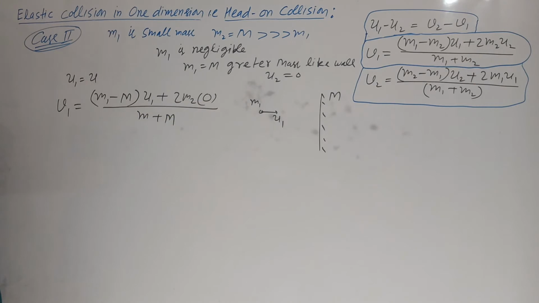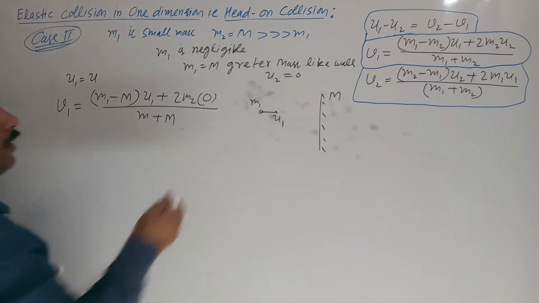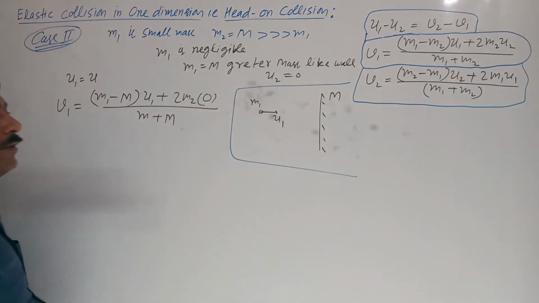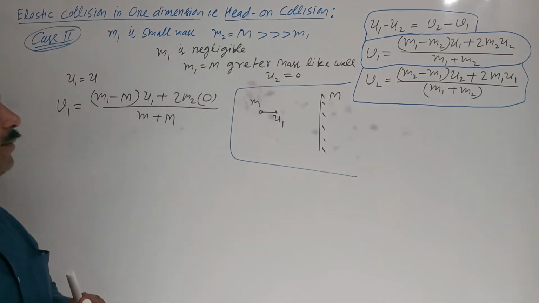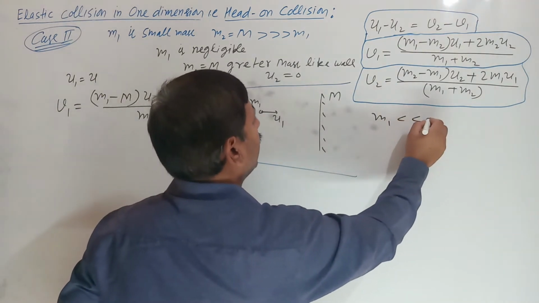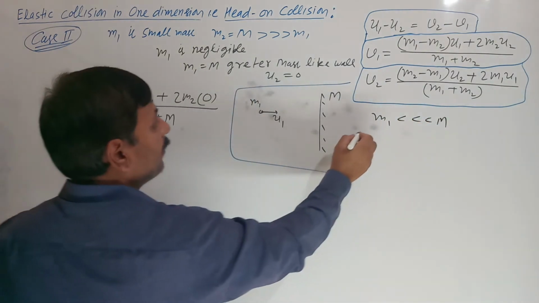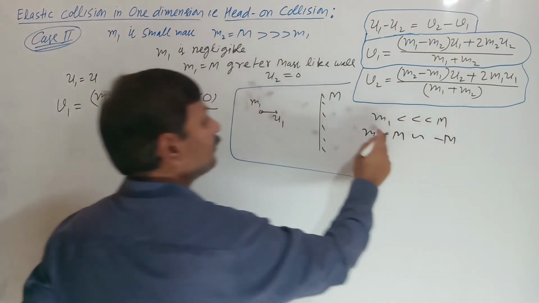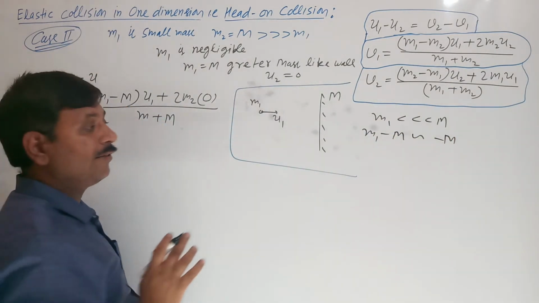So see here what I have told you. When we have taken a greater mass, and m1 is very much smaller than M, m1 minus M is nearly equal to minus M. m1 is negligible.